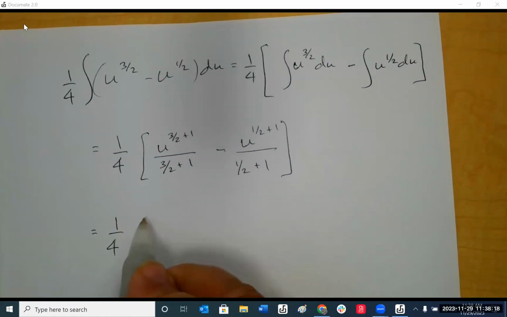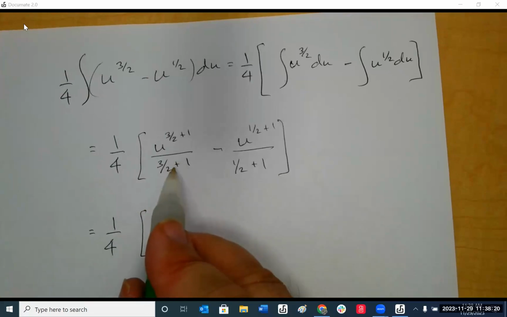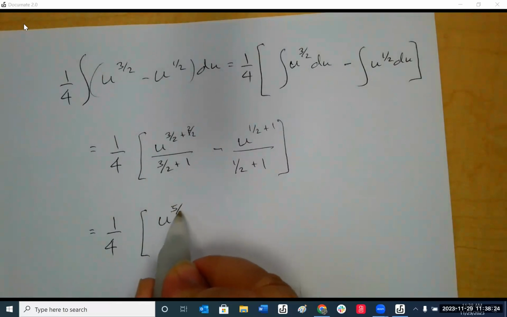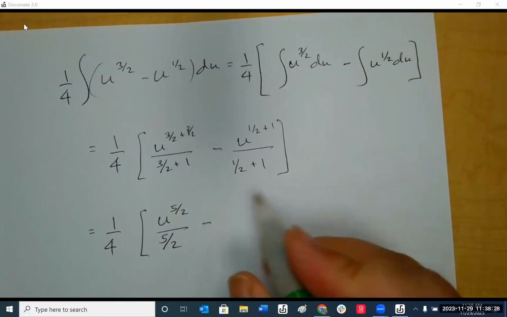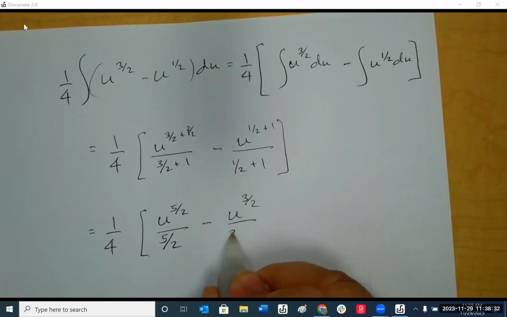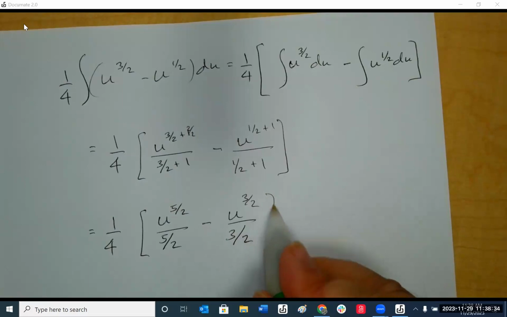One fourth. This is the same as 2 over 2, so it's u to the 5/2 over 5/2, u to the 3/2 over 3/2.